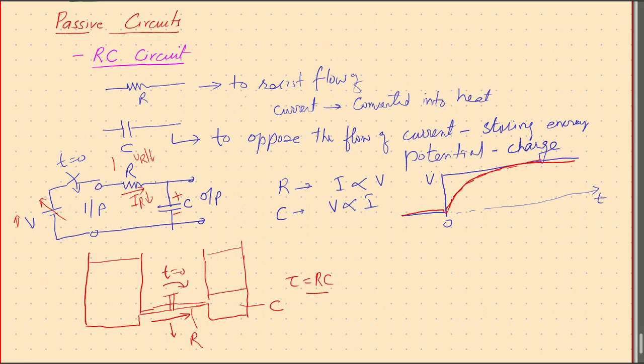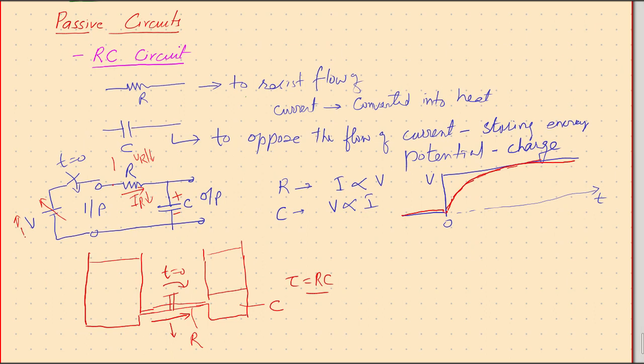This end is still V, therefore this V1 is greater than V, so current will flow. So this gets charged. If you give sufficient time for this to change its voltage, yes, it gets charged, and this also becomes V1, and this is V1, this is V1. So the voltage across R is 0, current becomes 0, so no more change in the output voltage.